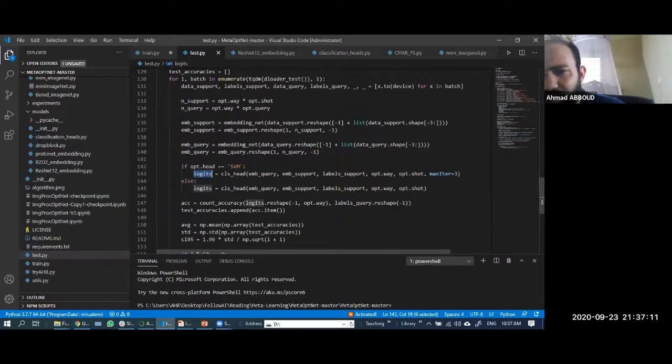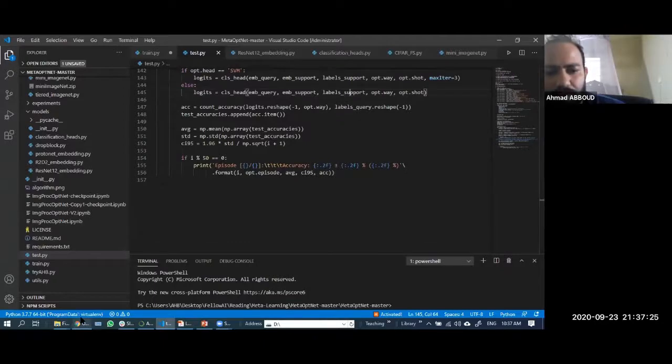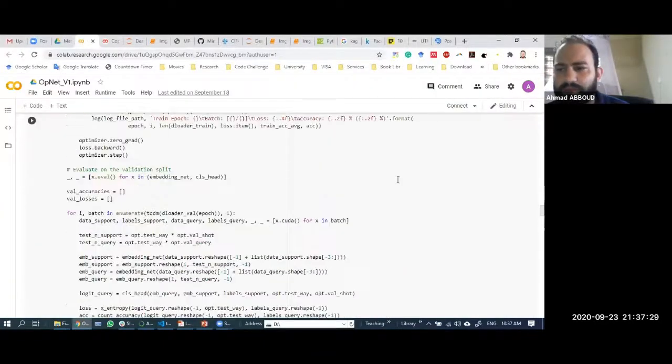If it is an SVM, they just run the optimization for a few iterations only. Otherwise, they run optimization for the best possible result.